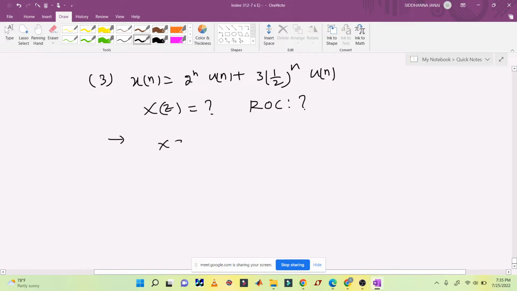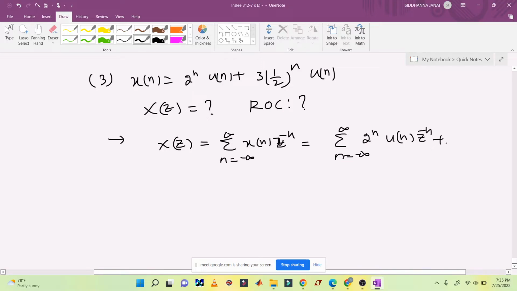Now we know the equation as usual. We can write x of z is equal to summation n is equal to minus infinity to plus infinity x of n z to the power minus n. This we can rewrite as summation n is equal to minus infinity to plus infinity 2 to the power n u of n z power minus n.